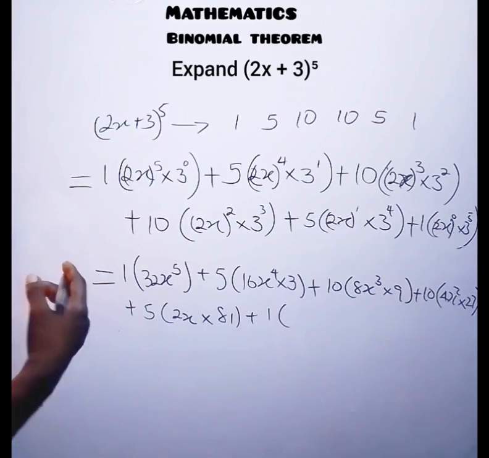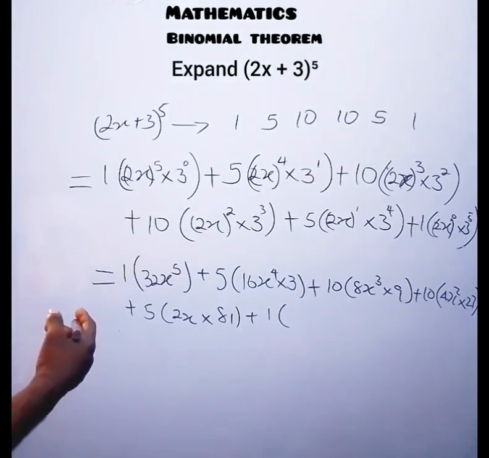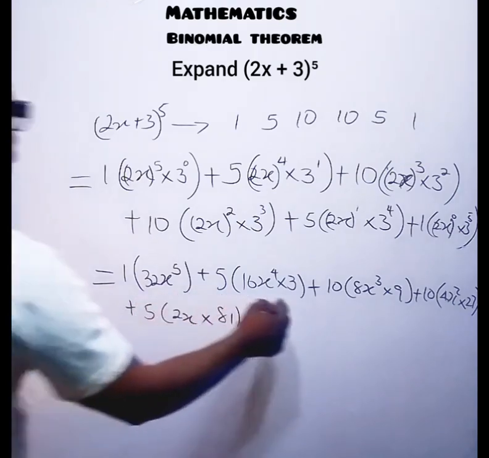Then 3 raised to the power of 5 will give us what value? That will give us 243.